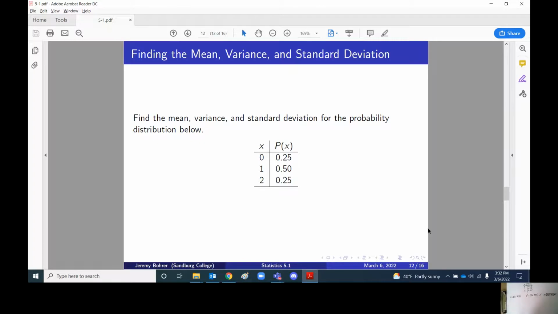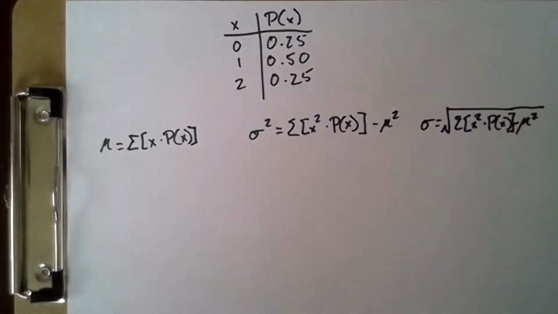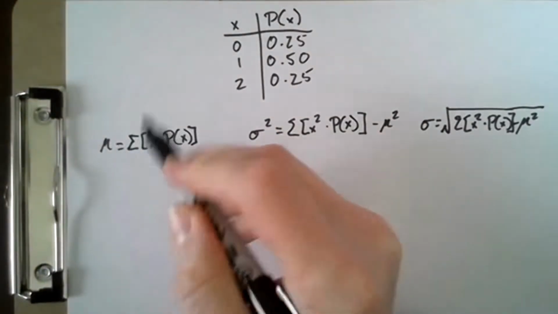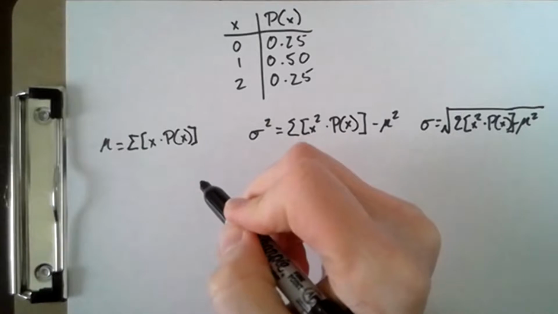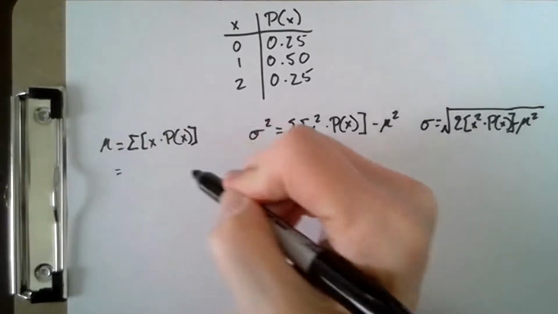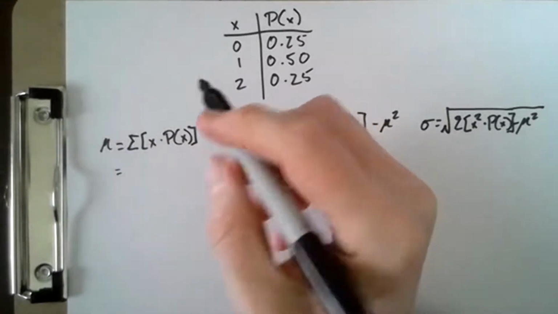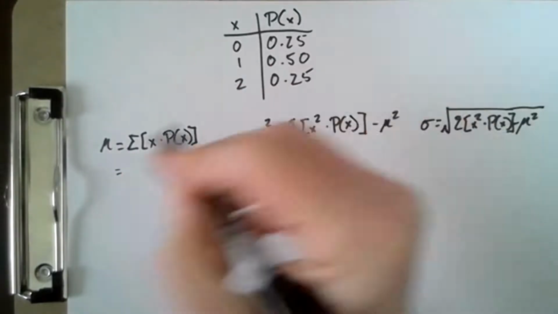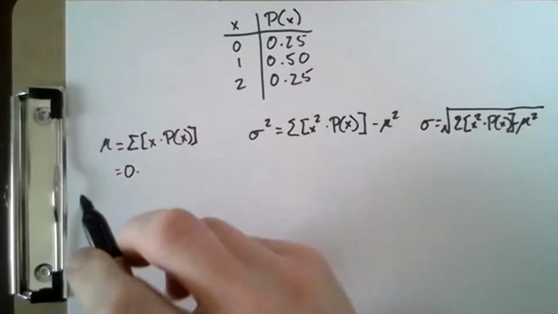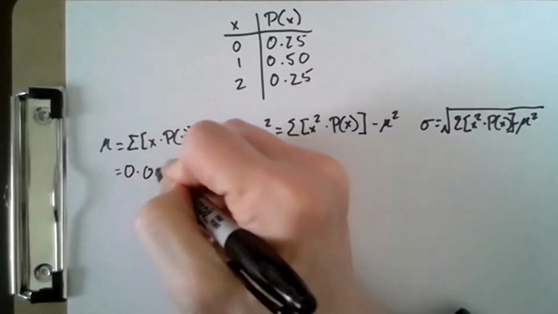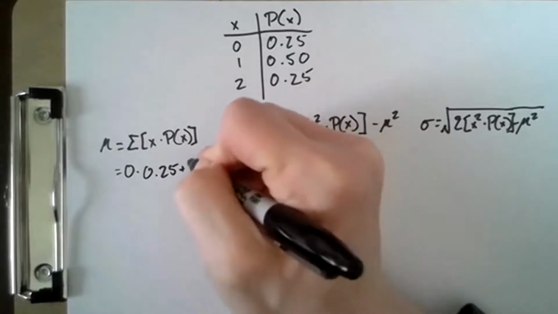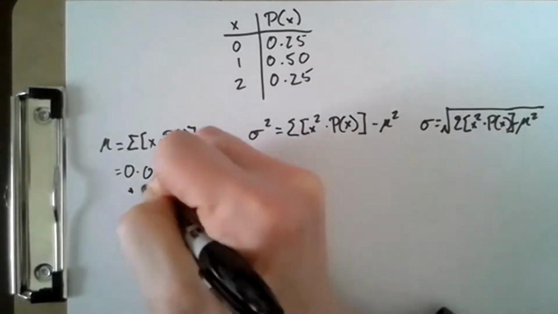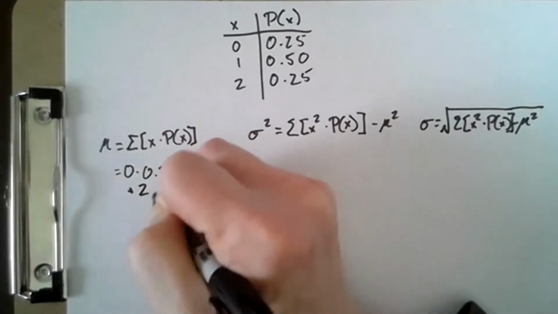So, back over here, we start by calculating the mean, and that has a formula of mu equals the sum of x times the probability of x. So that's the sum of the value of x, say 0, times the probability that we get that value, which is 0.25, plus 1 times 0.50, plus 2 times 0.25.